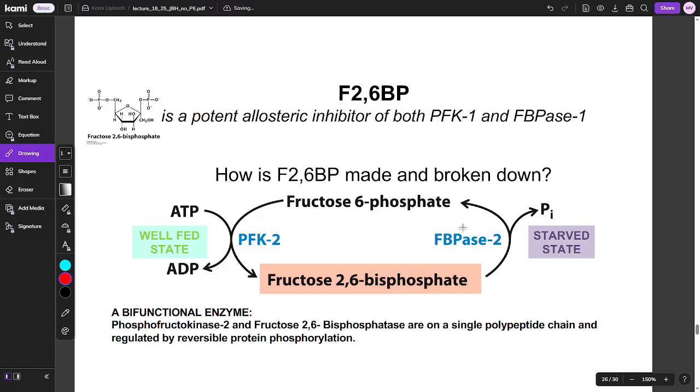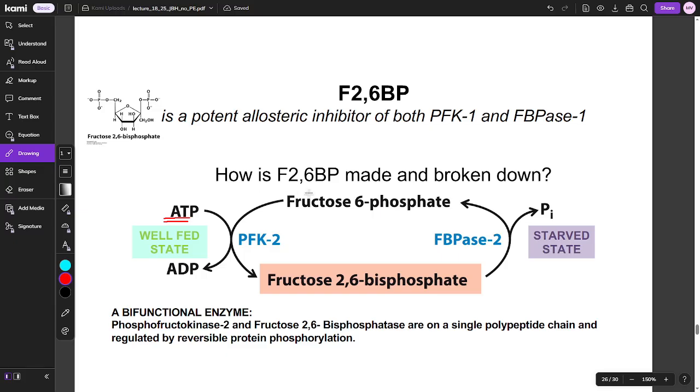And here is an example of how this works. If you're in a very fed state, you're going to have a lot of ATP, a ton of it, right? And you have a ton of glucose. Some of that glucose is going to get turned into glucose 6-phosphate, isomerized into fructose 6-phosphate, and then a lot of that fructose 6-phosphate will be turned into fructose 1,6-bisphosphate, right?